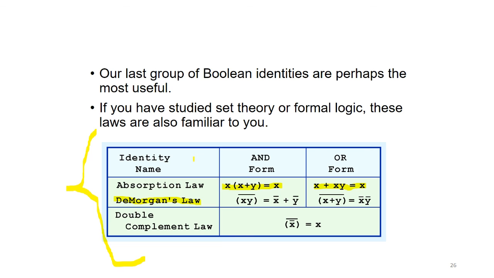For the AND format, when there is a bar on top of xy, so we will have x bar plus y bar. What about OR form? X plus y bar should give us a value of x bar, and this plus sign, you see, you can understand it in this manner.